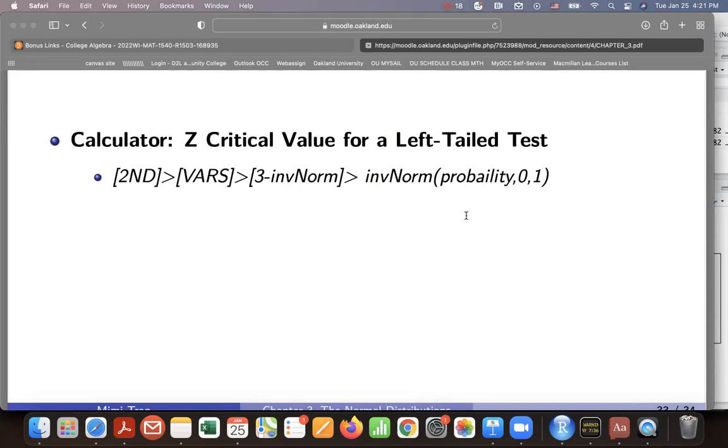Let's go to Juan, 70%, so 0.7. Don't put 70, put the decimal value. And then comma 0, comma 1. I got my z-score is 0.5244005. Is that what you have? Yeah.